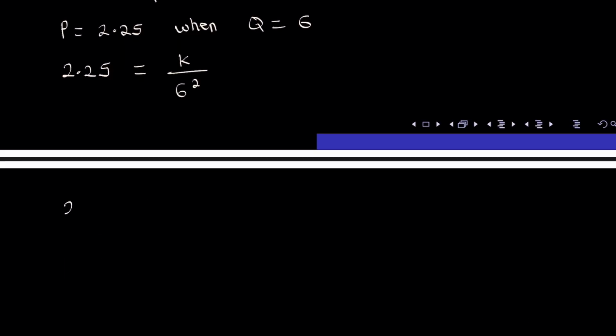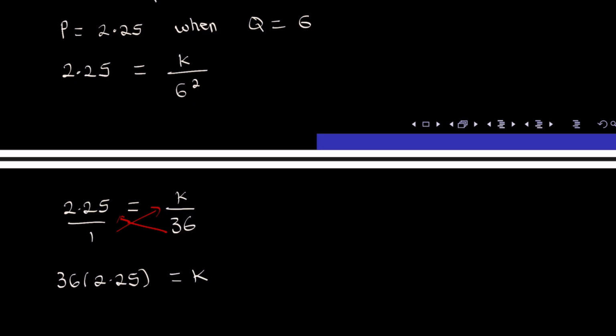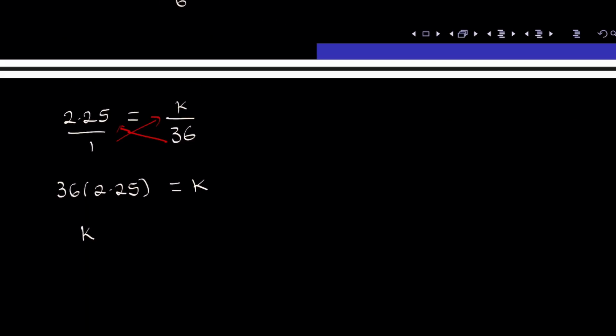Thus 2.25 is equal to k on 36. So we cross multiply. So here is over 1. And so we are going to have k multiplied by 1 and 36 multiplying 2.25, which is just k. Hence, k is equal to 81.